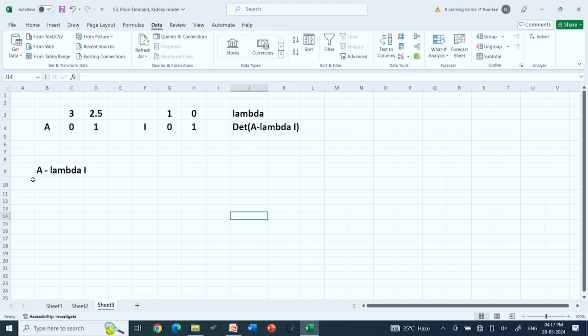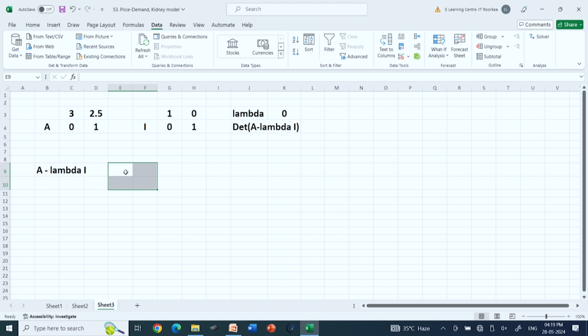So for that, first I calculate A minus lambda I, and to calculate this, what you do is you highlight this cell and put an equal to. Before putting an equal to, you know that it will be a 2 cross 2 matrix. So first highlight these 4 cells, because when you multiply, A minus lambda I is going to give you a 2 cross 2 matrix.